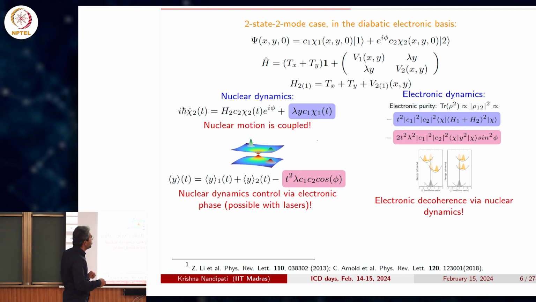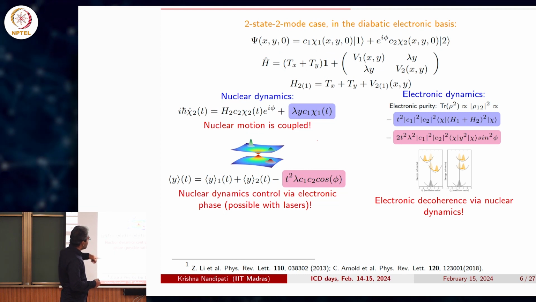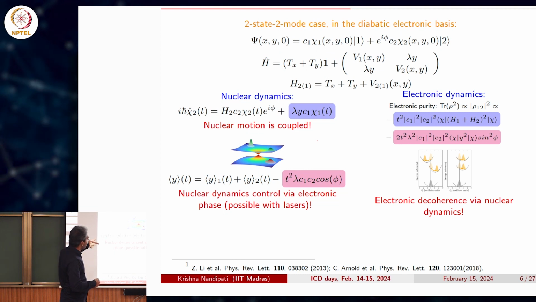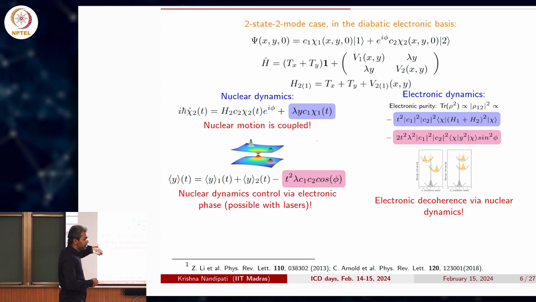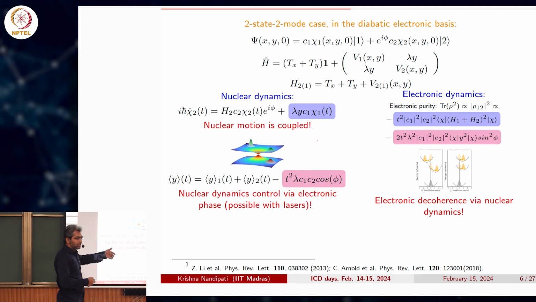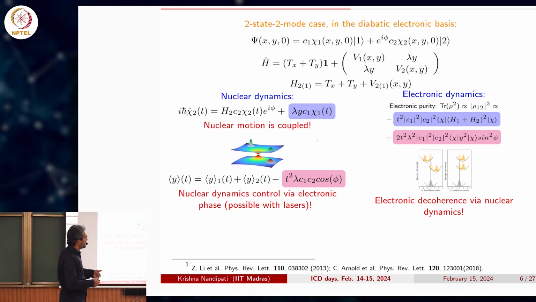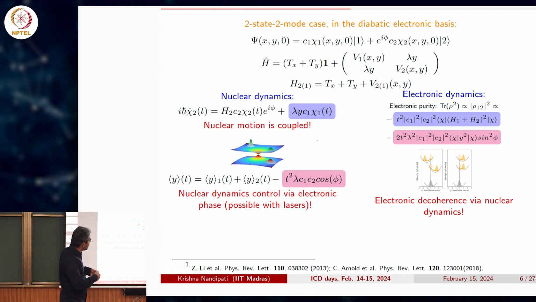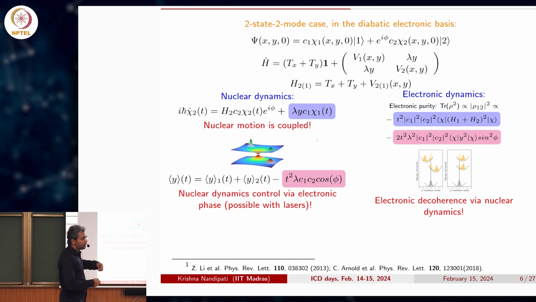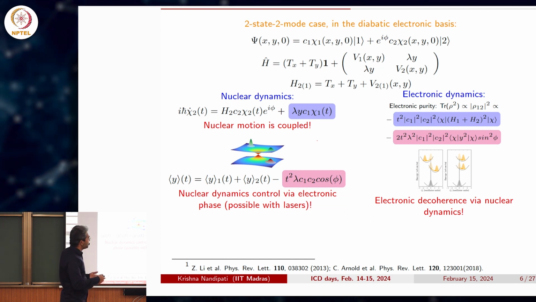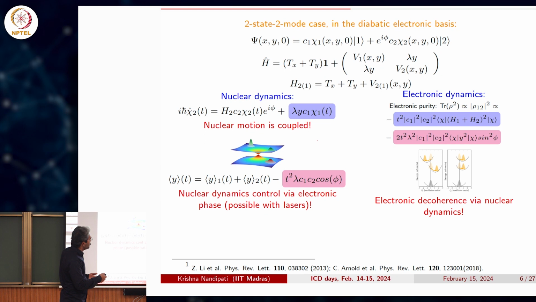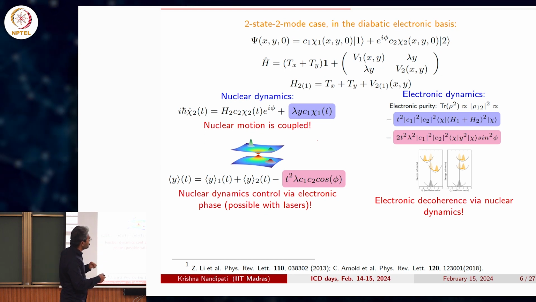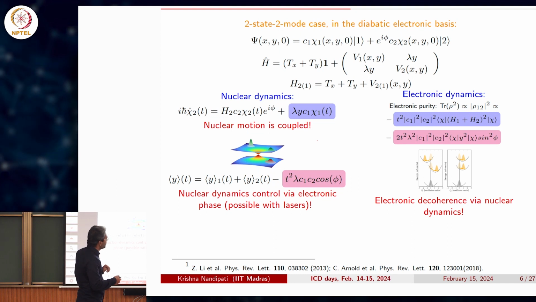That's a different story. Okay, and it's not only the nuclear dynamics that gets affected because of this coupling of nuclear amplitudes on two different surfaces, it's the electronic properties that also get affected. For instance, it is shown that electronic decoherence via this coupled nuclear dynamics occurs on an ultra-fast femtosecond time scale. Let's say you see what's going on in this expression here, which is the purity of the electronic states.